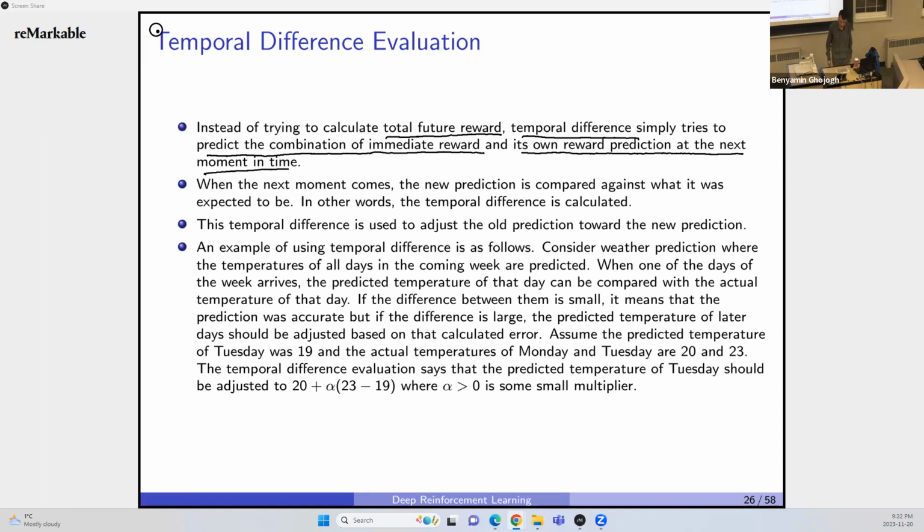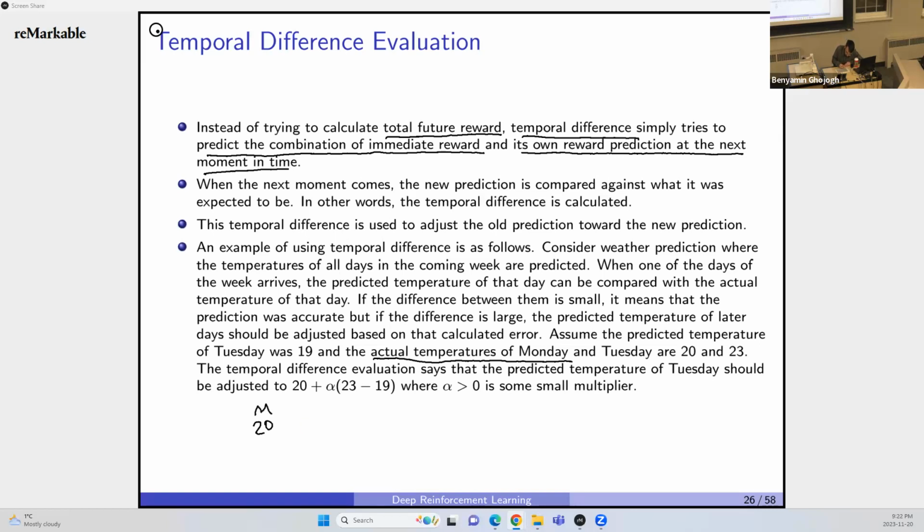This is temporal difference. Now let me tell you what it means in a real world example. Consider we are doing weather prediction. Assume that the actual temperature on Monday was 20.